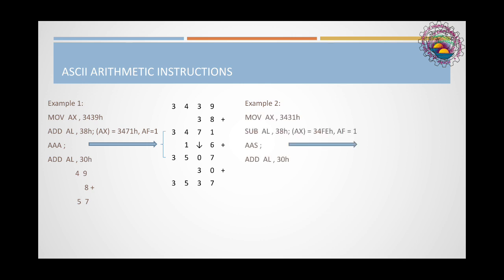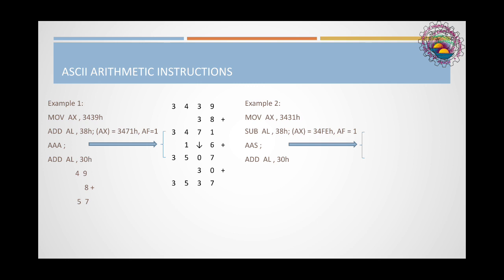Now we are having another example for the subtraction instruction, AAS. Here we are having 34, 31 within AX. So that is the ASCII format for 41. 34 is the ASCII for 4, 31 is the ASCII for 1, and in AL we are having 38, that is the ASCII for 8.